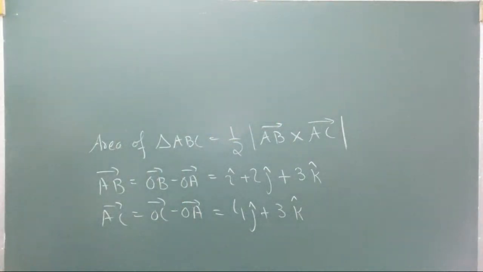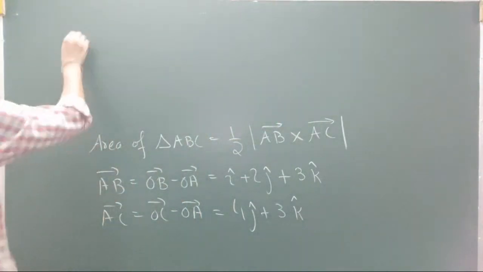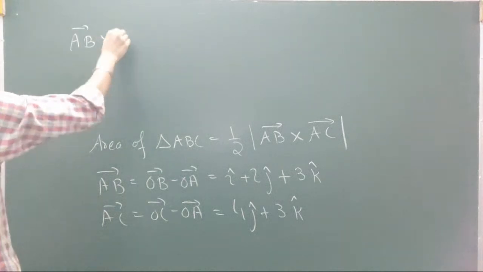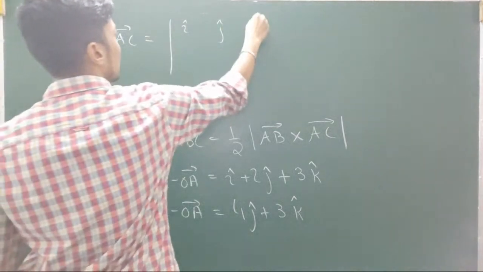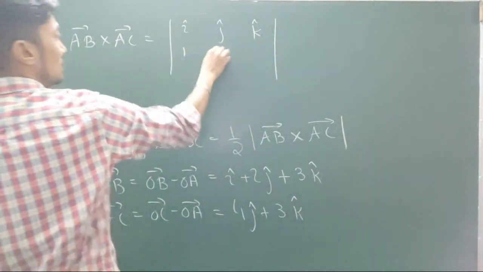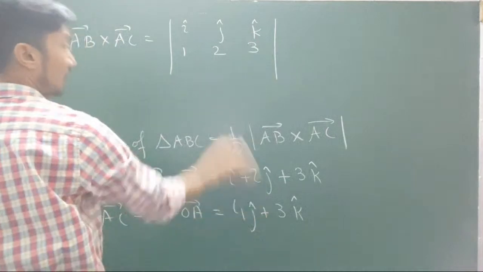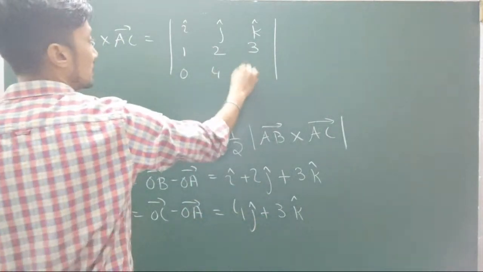So first get the cross product, AB cross AC. I, J, K; 1, 2, 3; 0, 4, 3.